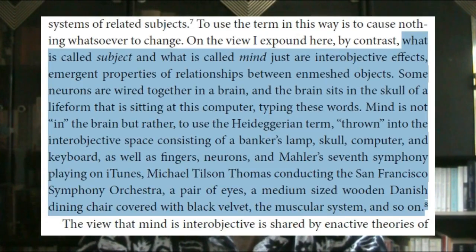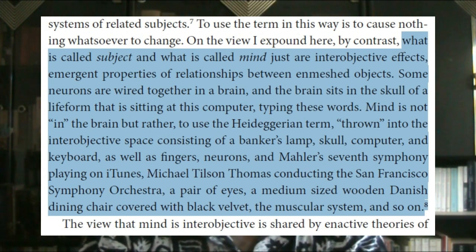And so Morton explains it by describing what is happening when he's typing his text. For example, he describes mind or consciousness as the following. What is called subject and what is called mind just are interobjective effects, emergent properties of relationships between enmeshed objects. Some neurons are wired together in a brain, and the brain sits in the skull of a life form that is sitting at this computer typing these words.